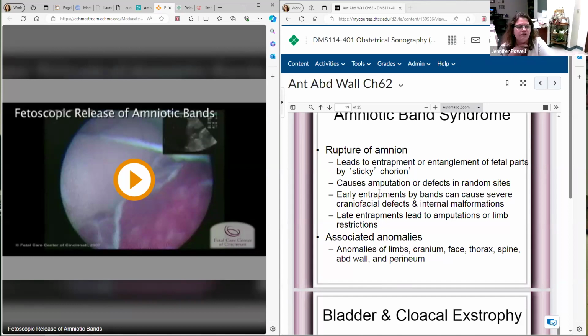It can cause severe craniofacial defects, internal malformations, amputations, limb restrictions, and associated anomalies of the limb, cranium, face, thorax, spine, abdominal wall, and peritoneum. If they know about it, they can actually release the part that's entrapped, which is this cute little video here.